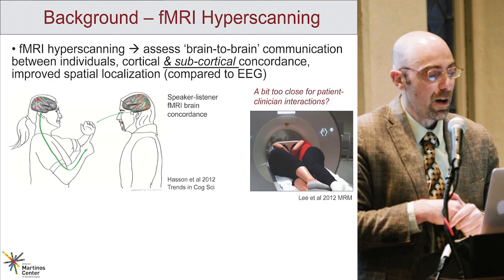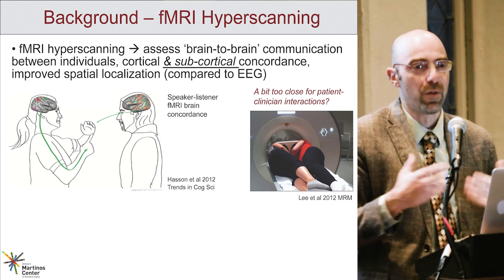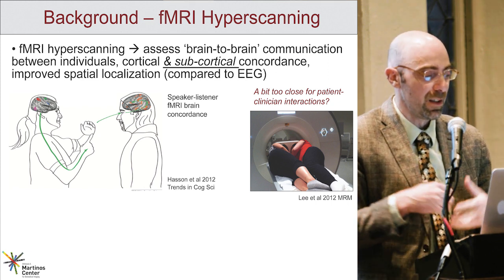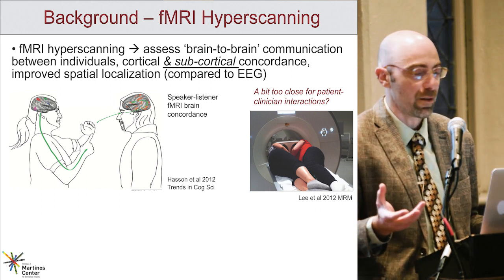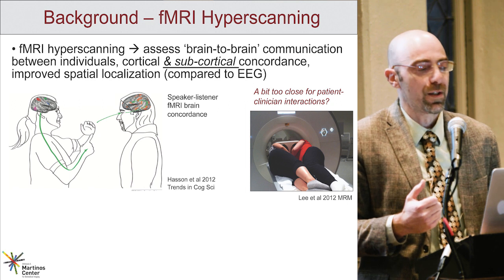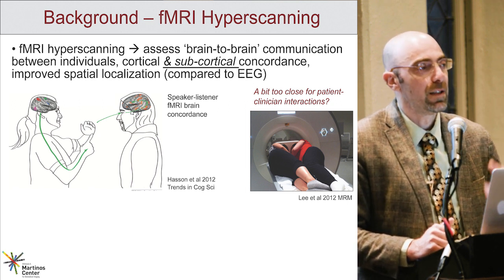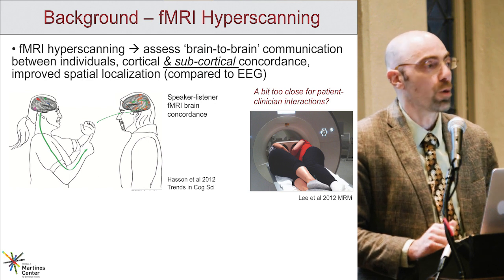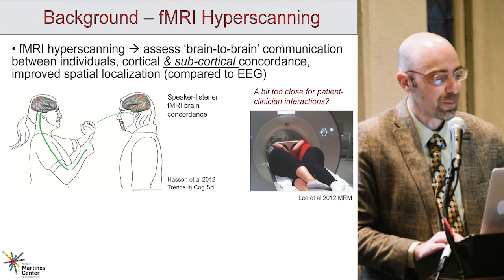So the question then is, what about functional MRI, right? We want to look at whether there's concordance with functional MRI, which is not just a cap being placed on there, but you have to have people going into an MRI scanner, right? And there are reasons you want to do this. There's better spatial resolution with fMRI than these EEG methods. We can also look deeper in the brain. Is there concordance in subcortical structures? This is something you can't really get at well with EEG.